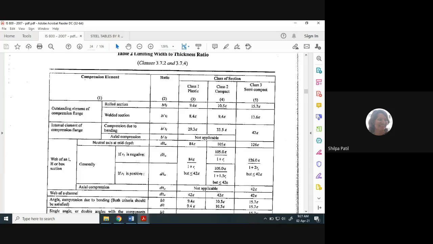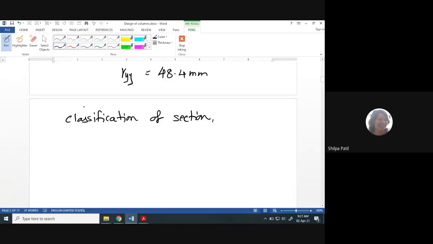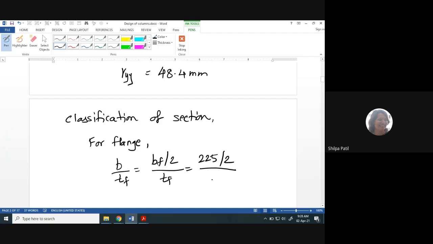So B by TF is the first ratio, for the flange outstanding element. B is normally taken as BF by 2 by TF. So BF value was, I think, 225 by 2 divided by TF, which is 9.1.